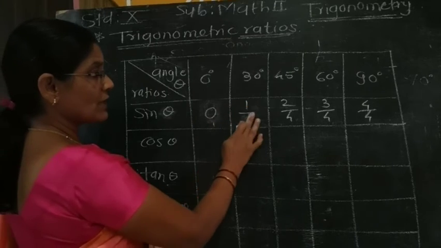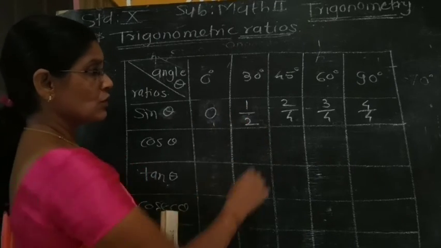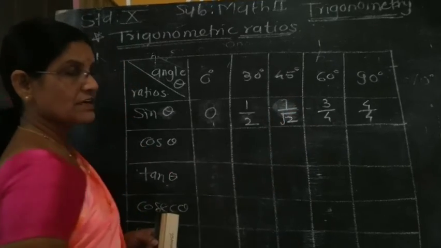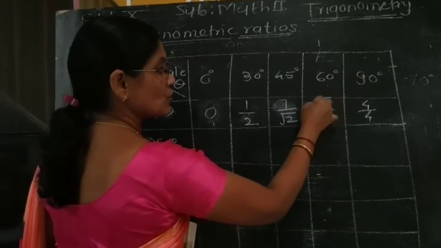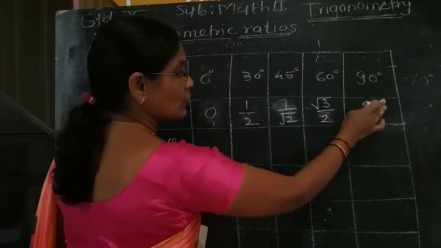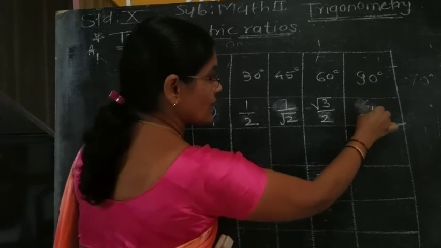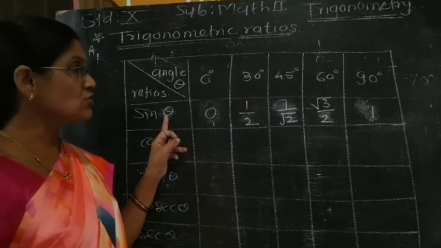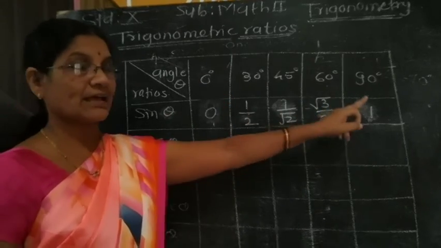Square root of 1 is 1. 2 upon 4 means 1 upon 2, and its square root is 1 upon root 2. Square root of 3 upon 4 is root 3 upon 2. 4 upon 4 means 1. And in this way we obtain the sine ratio values for all these angles.